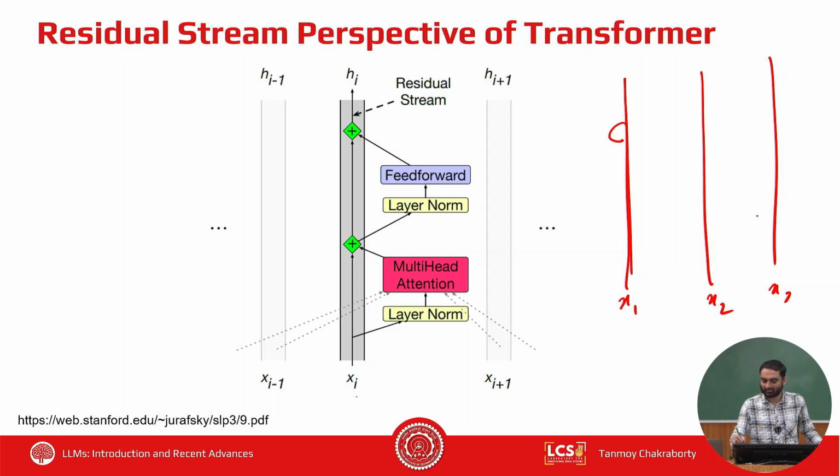So you can think of these residual streams corresponding to different inputs, and there is another stream called attention which cuts across all the streams. Okay, so this is attention.